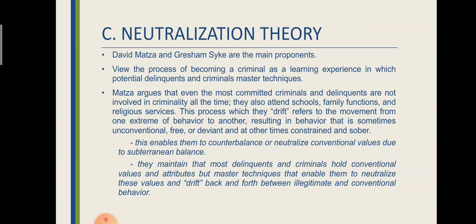So this process, which they call drift, refers to the movement from one extreme of behavior to another, resulting in behavior that is sometimes unconventional, free or deviant, and other times constrained and sober. So neutralization theory can also be called drift theory because not all criminals are truly criminal in all of their actions.